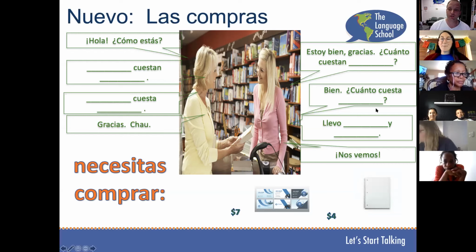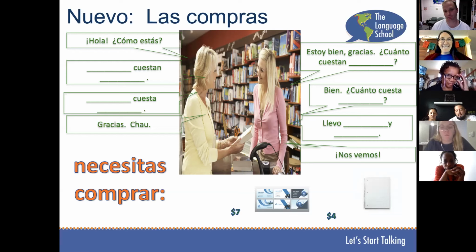On this particular one, cuestan, how much do the business cards cost, is because business cards is plural, versus cuánto cuesta, the notebook, that's singular. So N is for the plural and just A is for singular, and that'll make more sense as we continue to progress with the Spanish lessons. Nice catch. A lot of people don't. I think you're one of the first people that's ever caught that.